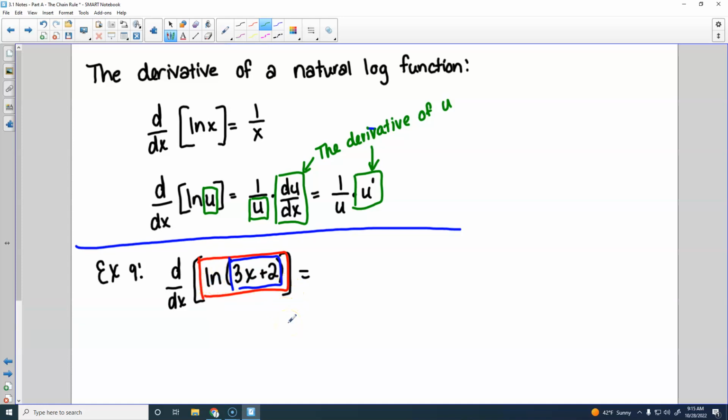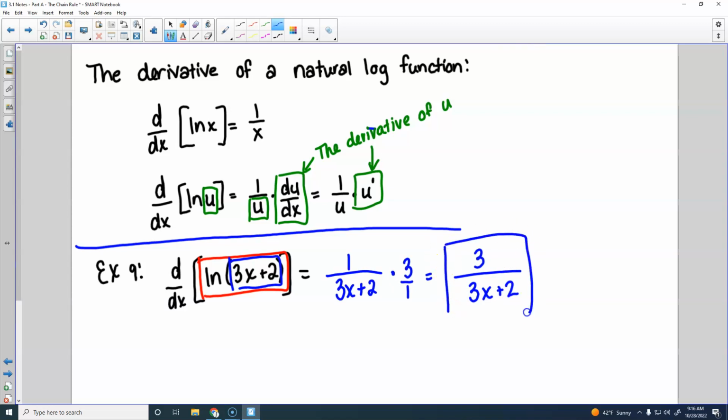Our outside function is the natural log of x, and the inside part is the 3x plus 2. So when we take the derivative of the outside part, we are going to get 1 over 3x plus 2. But then we must multiply by the derivative of the inside, which is just 3 here, and that's like 3 over 1. So that's going to be 3 over 3x plus 2. So that would be our answer for that problem.